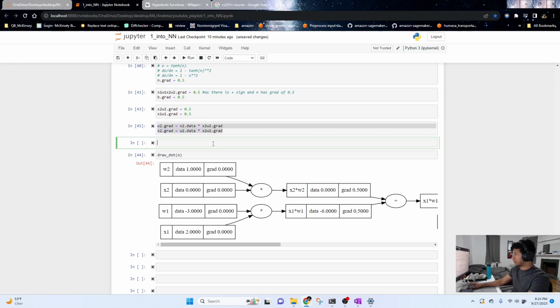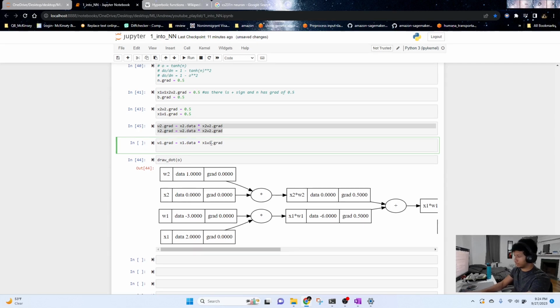Now let's calculate for W1 dot grad, which is equal to X1 dot data, whatever is present here, multiplied with this gradient 0.5 into X1 W1 dot gradient, and X1 dot gradient is equal to W1 dot data into X1 W1 dot gradient, right?